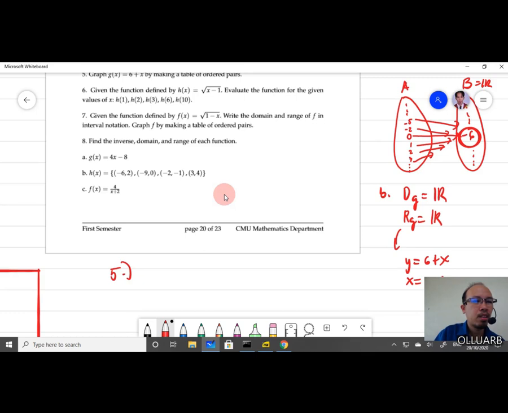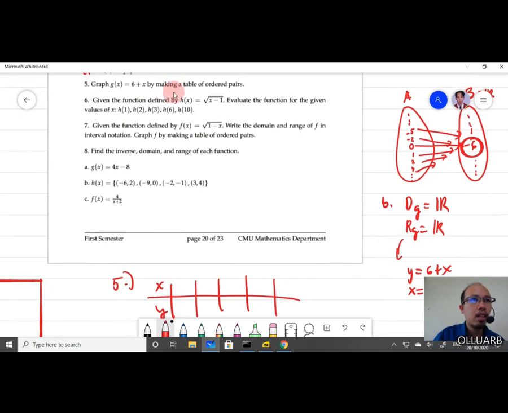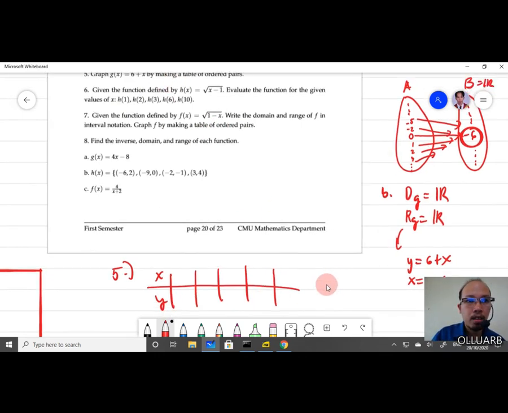So just create a table. Since this is a line, you can pick only 2 values, because we know in algebra that 2 points determine a line.